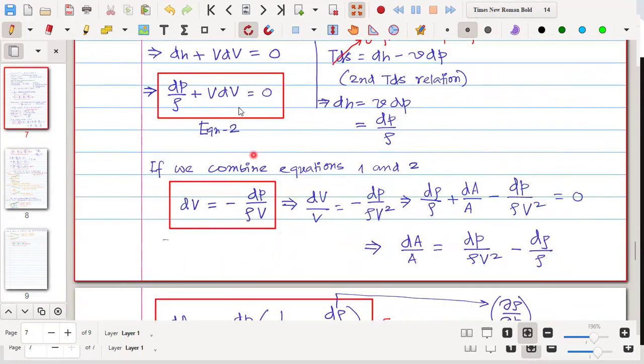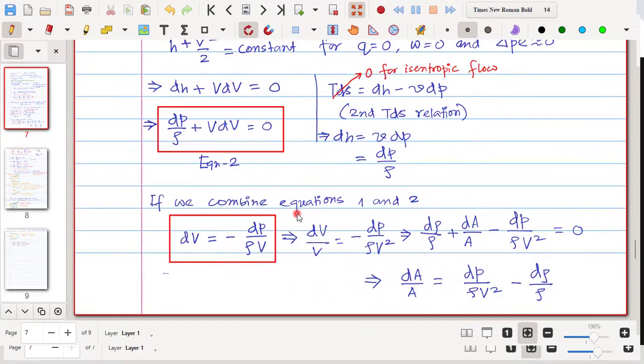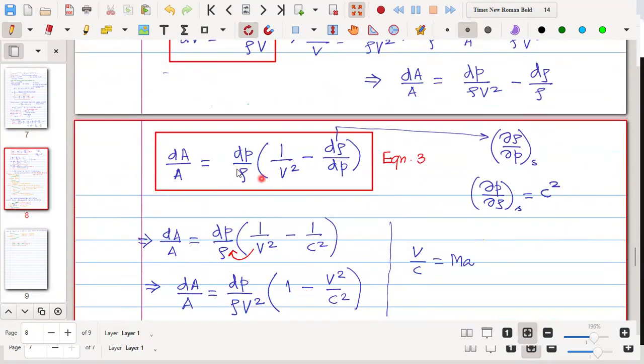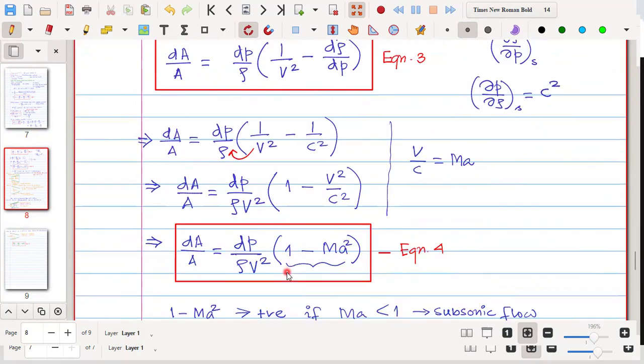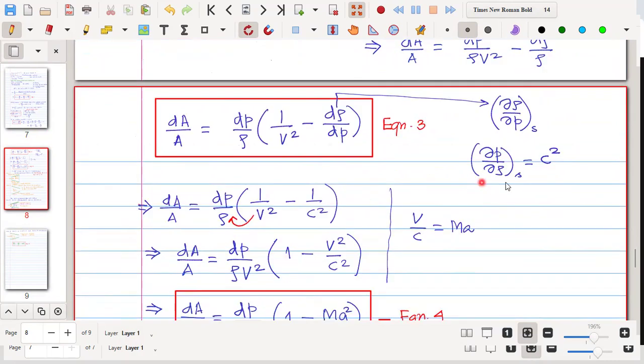Next, we have combined this and eliminated V to get a relation between area and pressure variation. And from this, we have replaced this del P del rho term, del P del rho at constant S, which is basically defined as the square of the velocity of sound.